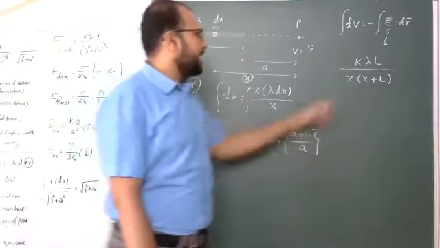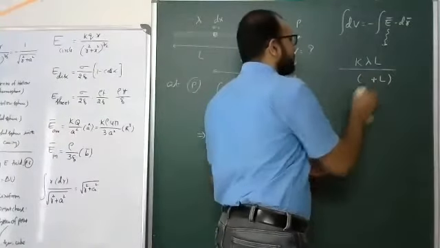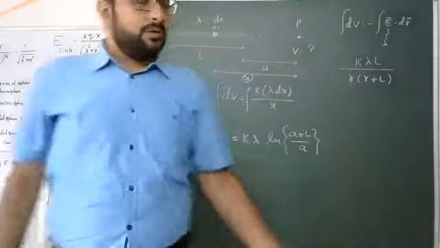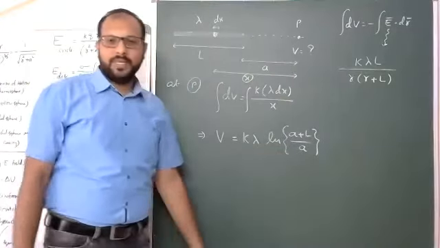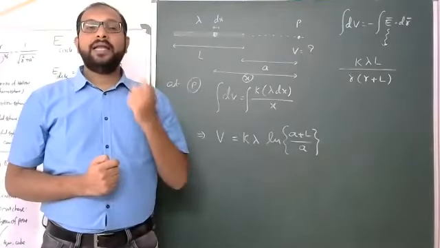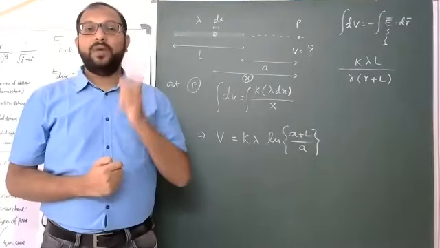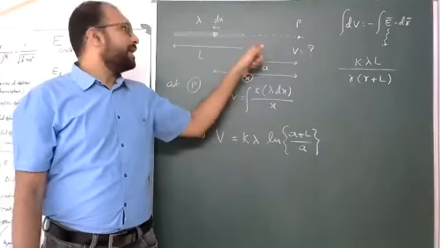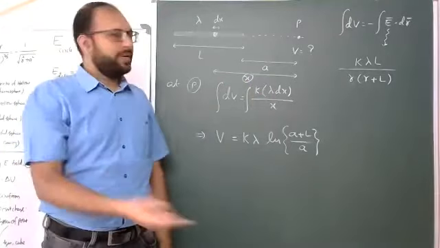To avoid confusion with this x, you can write small r into r plus L. So both you can now find, and in this also you will get the same answer. So students, electric potential on the axial line of a uniformly charged rod having linear charge density lambda at a distance small a from the nearest end is completed. Yes, all students now take that first.